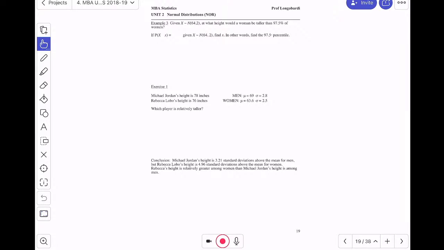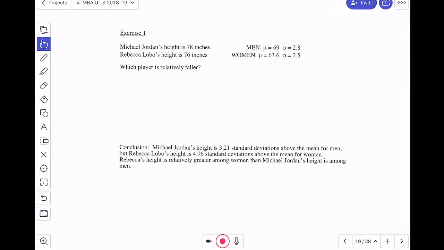So let's go here. This is page 19 of the normal distribution notes.